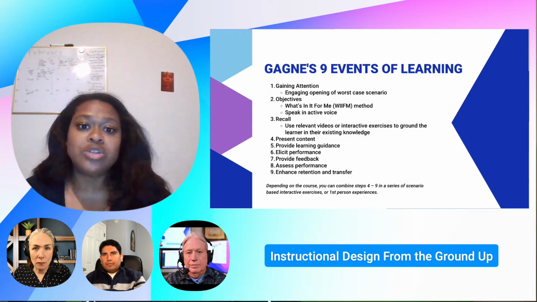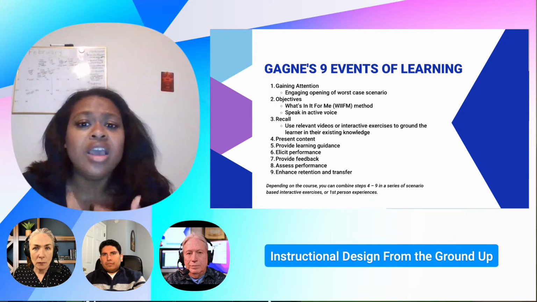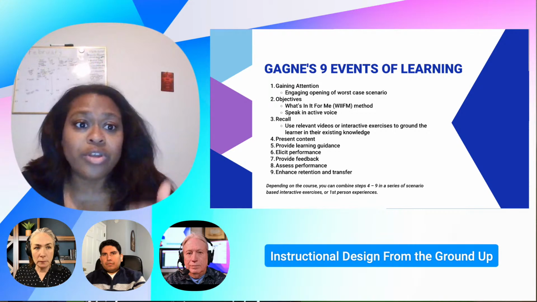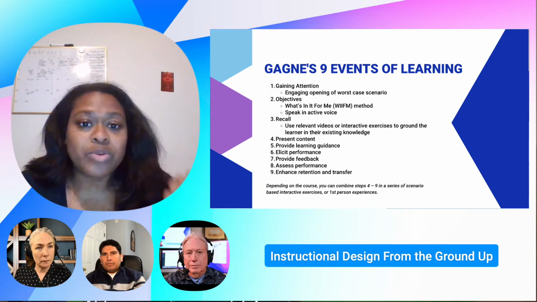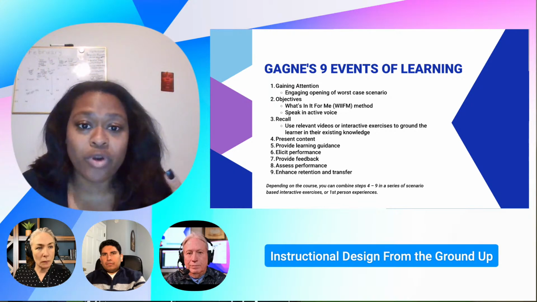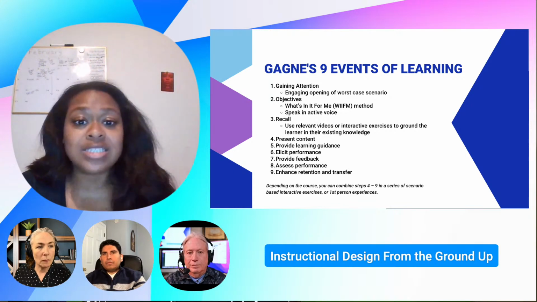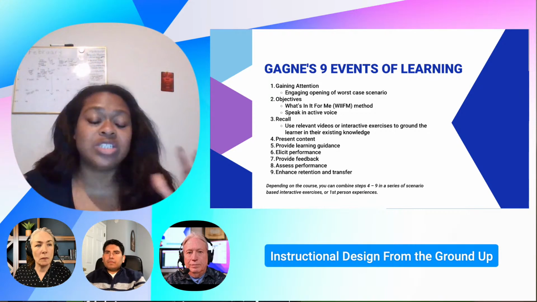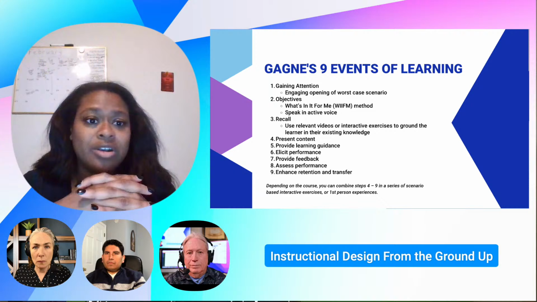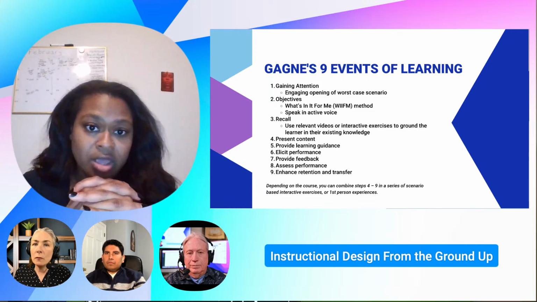So those are some things that you can think through. And then, in my opinion, events 4 through 9, presenting content, providing learner guidance, eliciting performance, providing feedback, assessing performance, and enhancing retention and transfer, are things that all really come together in the bulk of your content and your interactivity.